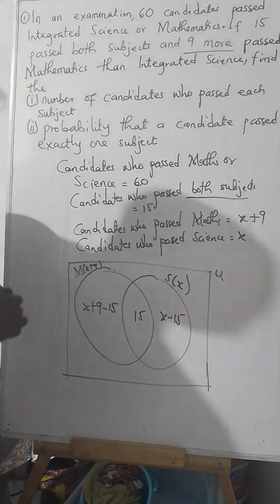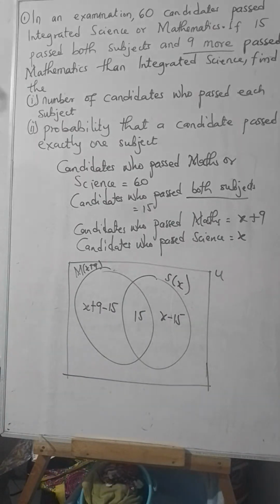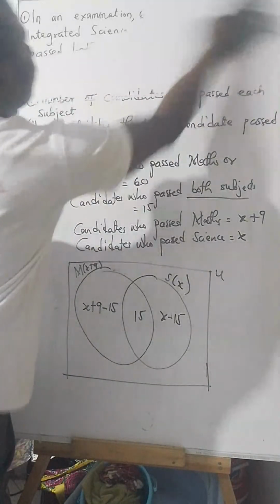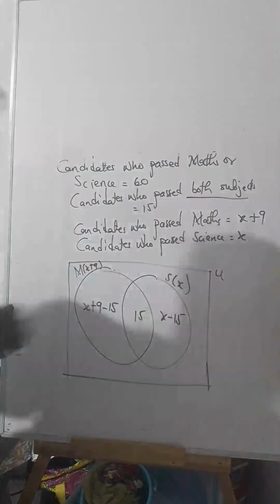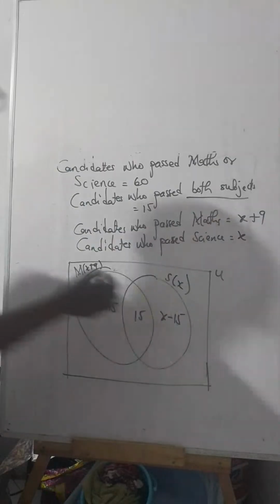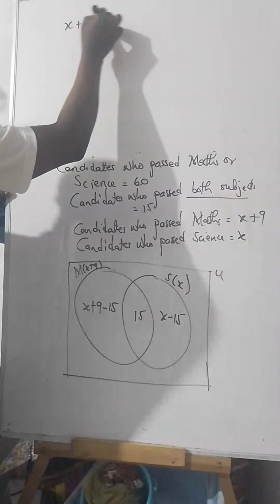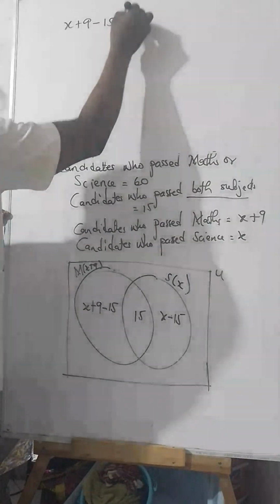So now we are going to calculate the value of x. Solve for the value of x. You have x plus 9 minus 15, then plus this 15, then plus x minus 15.